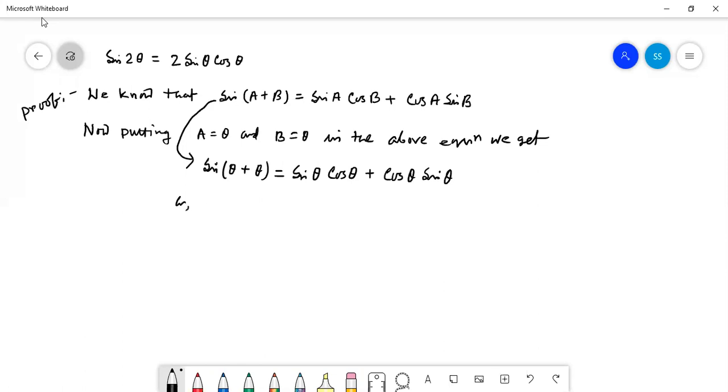Or from here sine of 2 theta is equal to sine theta cos theta plus sine theta cos theta, that is 2 sine theta cos theta.